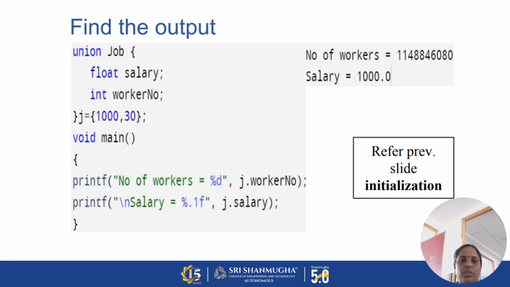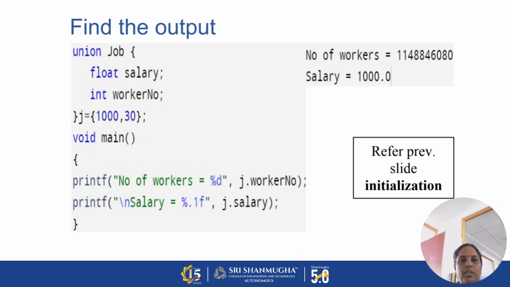Next we are going to find the output using initialization. So j equal to 1000, 30. Here 1000 is initialized first, so this member will be active. In the union there is a rule: only the first element we initialize will be stored.